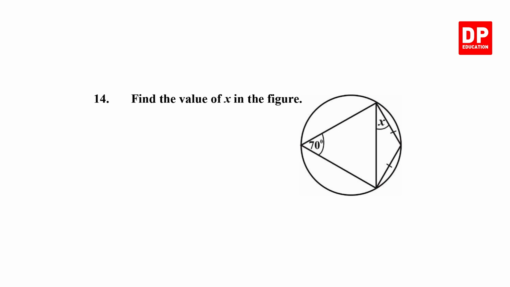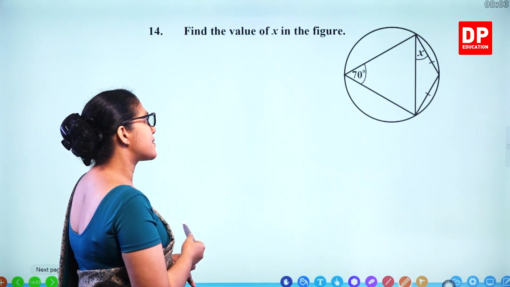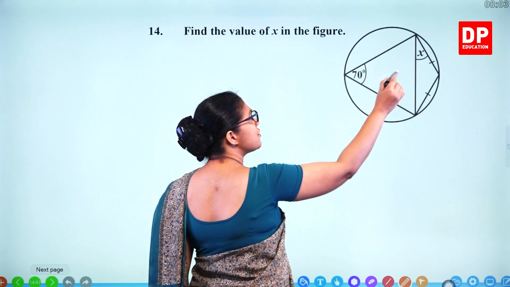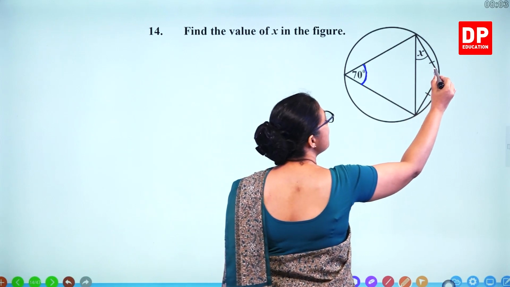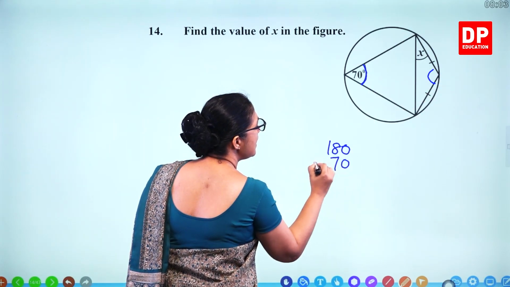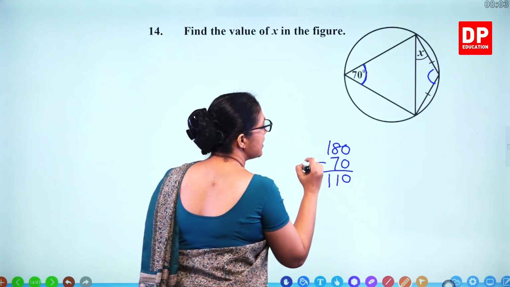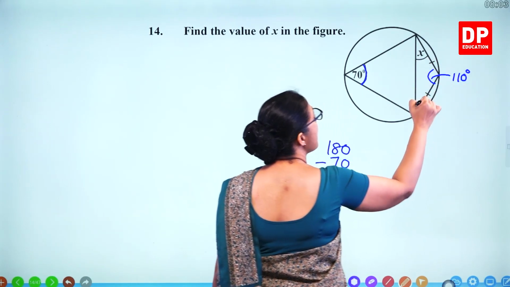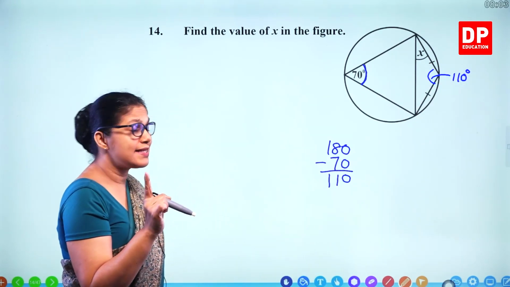Question number 14. Find the value of x in the figure. So you need to find x. You can do this. This is a cyclic quadrilateral. If this is 70, what is this angle? 180 minus 70, that's 110. You know this is 110 and this is an isosceles triangle. Two sides are equal.